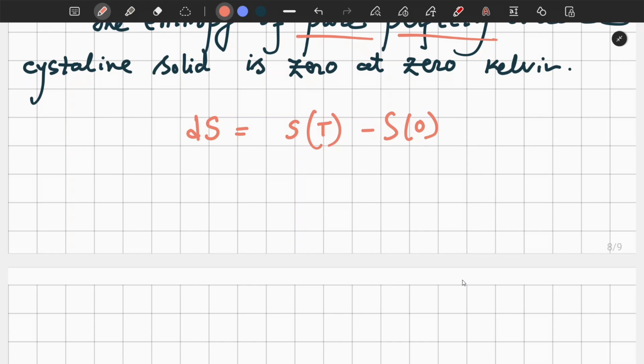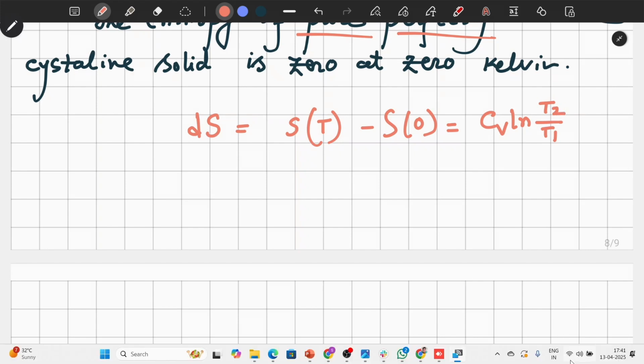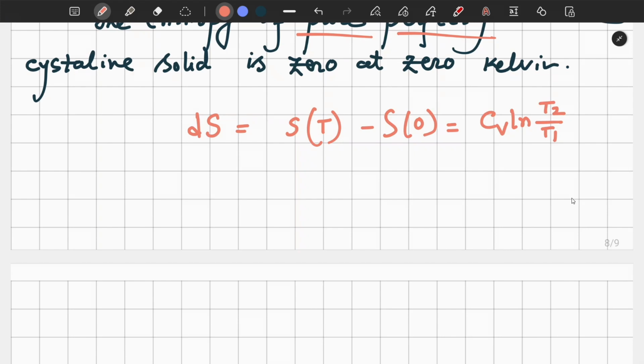And this you know, the formula dS equals Cv ln T2 by T1, and there will be no ln V2 by V1 because this is solid, so V2 and V1 will be the same, so that part will not be there. After integrating, we obtain this delta S, not the dS.